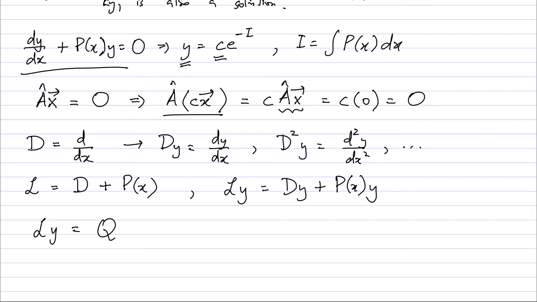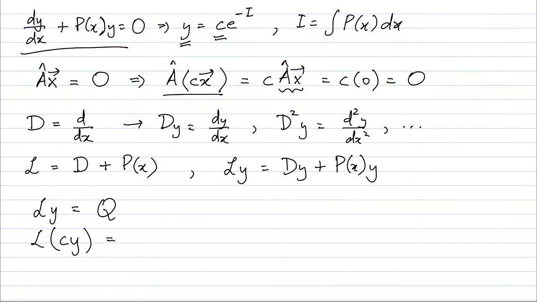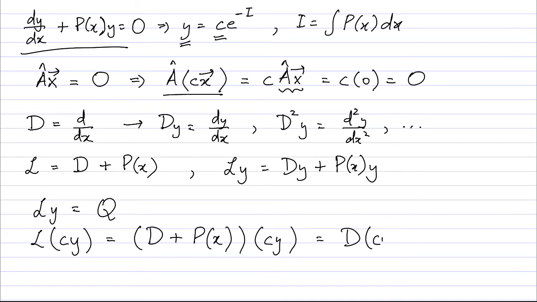Now why am I calling it a linear operator? Because if L acts on c times y, where c of course is some arbitrary constant, then by definition this is equal to d plus p of x acting on cy, which is equal to d acting on cy plus p of x acting on cy.